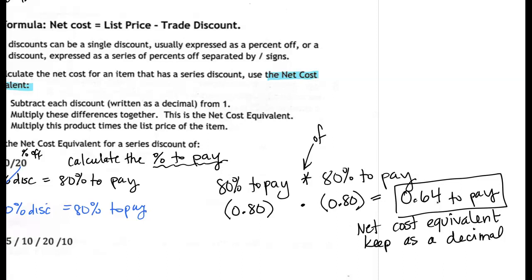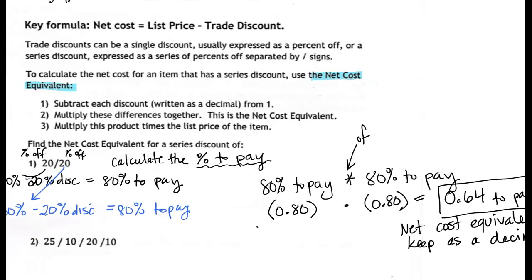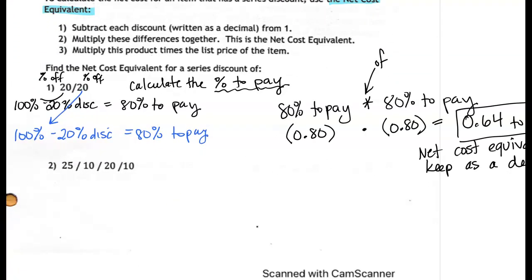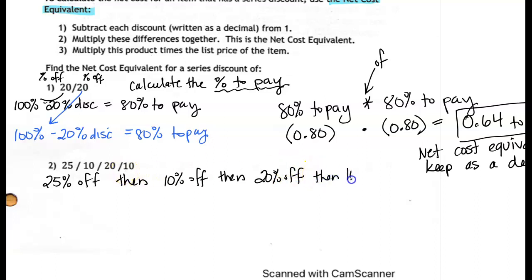Let's give one more example like that question 1, and then we'll use it in an application. So question 2 shows that we have 4 different discounts. 25% off first, then 10% off, then 20% off, and finally 10% off.